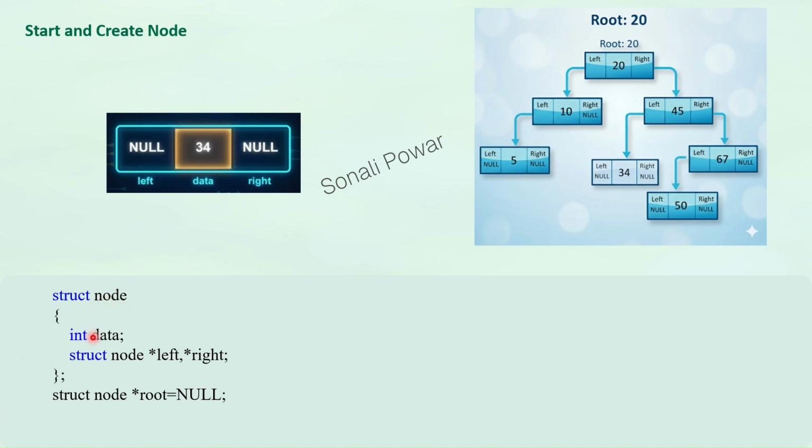Struct node, int data, which stores the actual value of the node, and 2 pointers, left and right. They point to other nodes of the tree. So because of that, the data type is struct node. Now initially the root will be null. It means there is no element in your tree. So you have to declare one pointer root and set it to null, as there is no element in the tree.